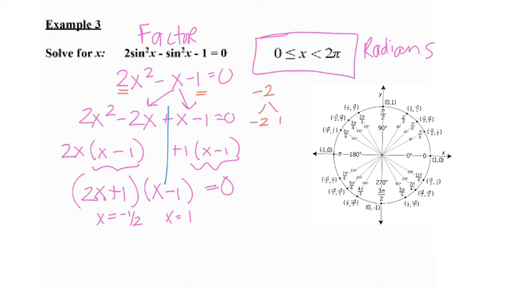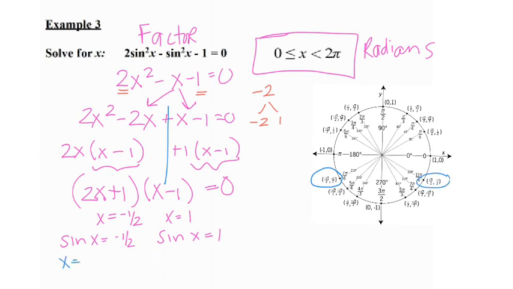So this one's going to actually have a lot of answers because now I need to know, where does sine x equal negative 1/2? Sine is the y value, remember? And where does sine equal 1? So let's find them. So the y value being negative would be, here's one of them, and here's another one of them. So that's for this.